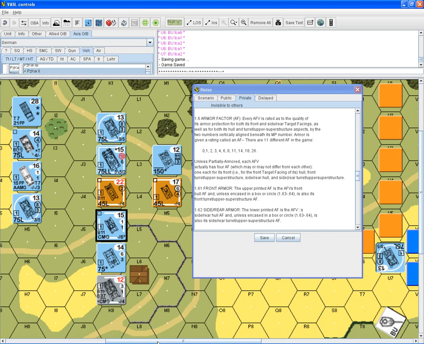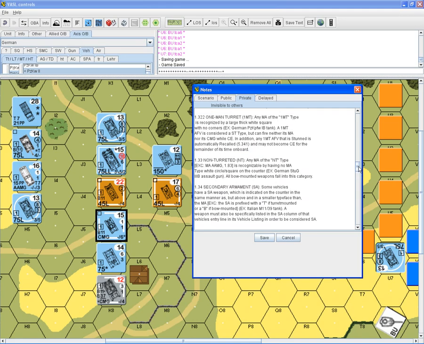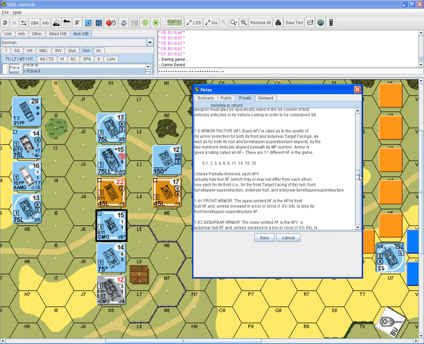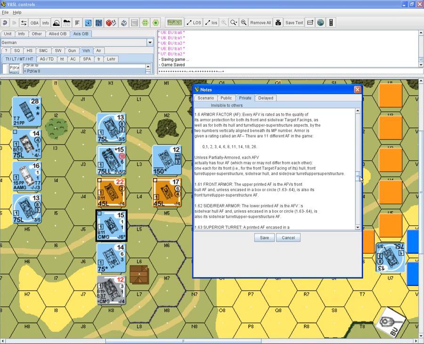We found out what kind of traverse for the turret we have. Now we're going to talk about what kind of armor the vehicle actually has. How well armored is this vehicle? Well, when we're talking about armor factors, we're talking about Rule 1.6.